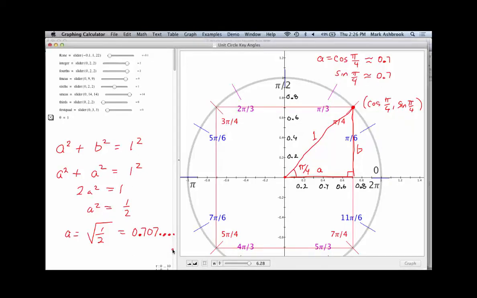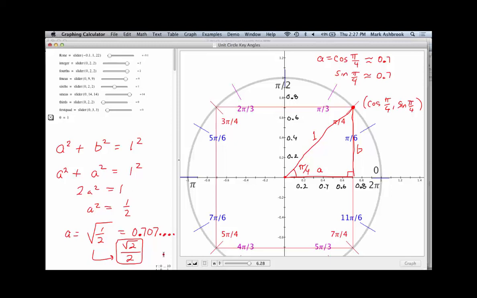Okay, so normally though we don't see it in that form. If we were to rationalize the denominator, the square root of 1/2 is the same as radical 2 over 2. That's just some kind of pre-algebra with radicals, okay?